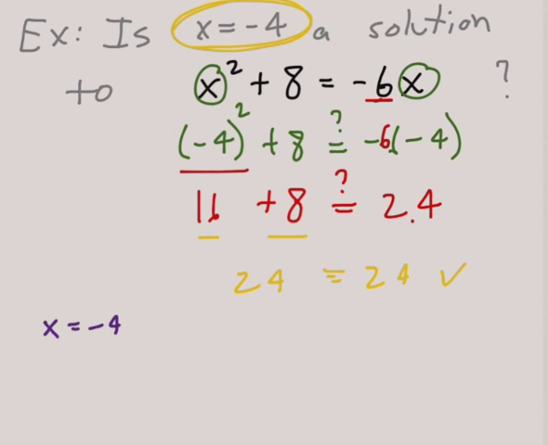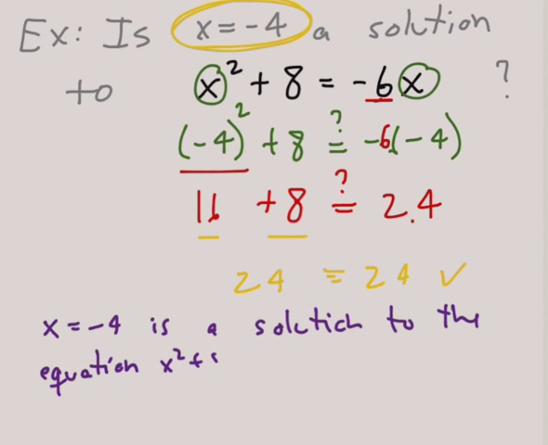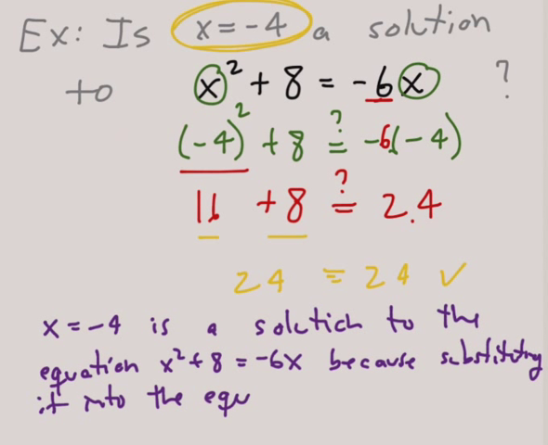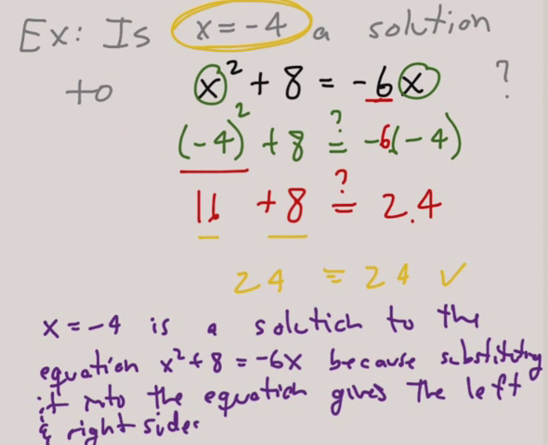Say that x equals negative 4 is a solution to the equation x squared plus 8 is equal to negative 6x, because substituting it into the equation gives the left and right sides of the equation the same value.